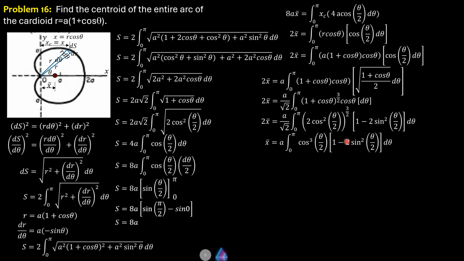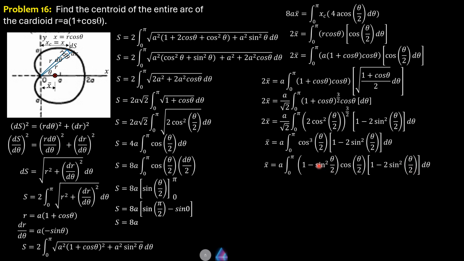So bar x is a integral 0 to pi 1 minus sine square theta over 2 cosine theta over 2 quantity 1 minus 2 sine square theta over 2 d theta.